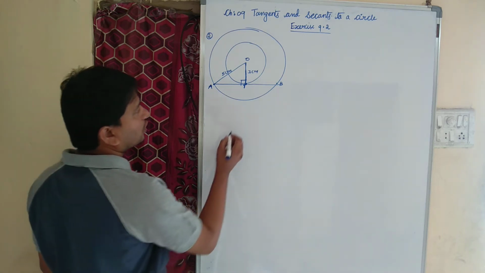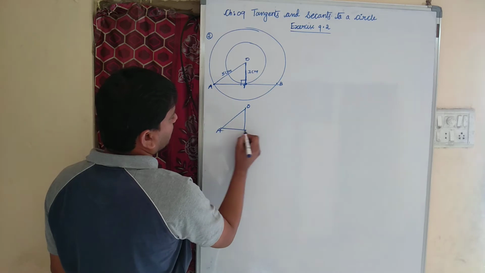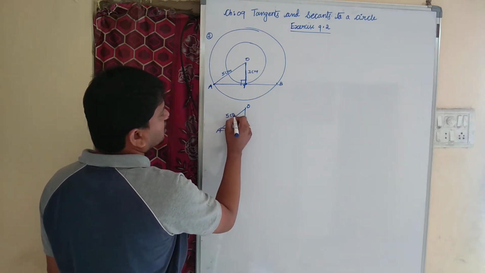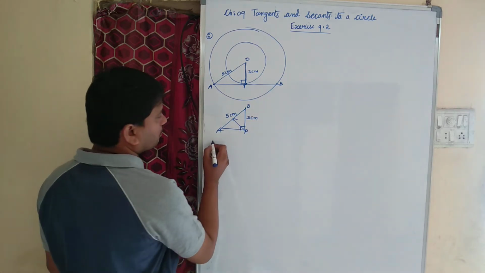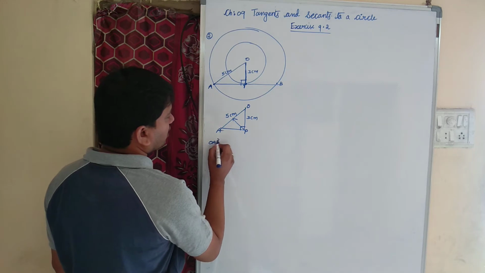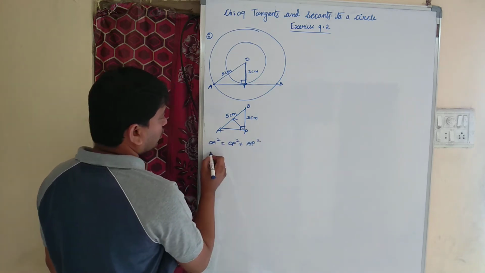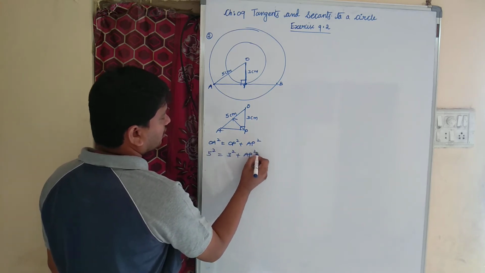Now what is triangle OAP? OAP is a right angle triangle, with the right angle at P. Then OA is the hypotenuse, which is 5 centimeter. OP is 3 centimeter. So by using the Pythagoras theorem, OA square equals OP square plus AP square. OA is 5, OP is 3, and then AP.